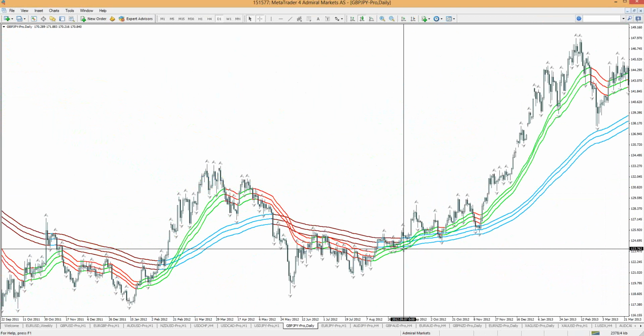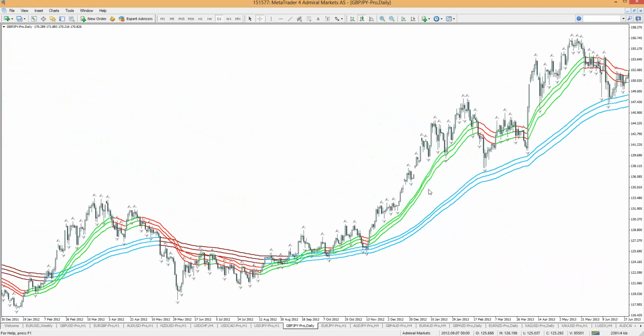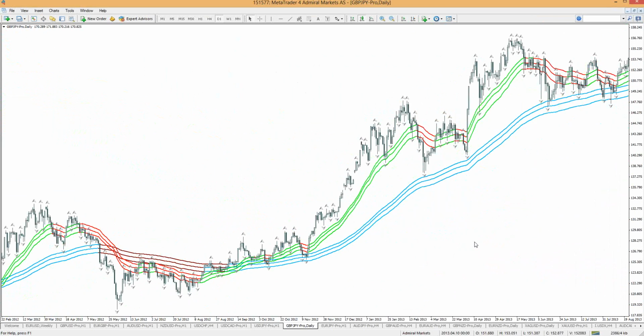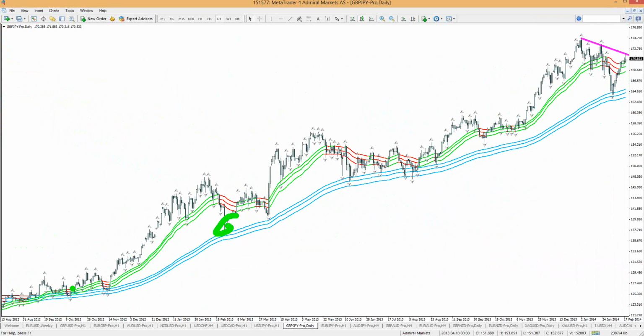Of course, we had serious dips back to the blue band, but besides that, most of the time price was even above the green band, with an occasional exception, here, here, here, here, and now here.